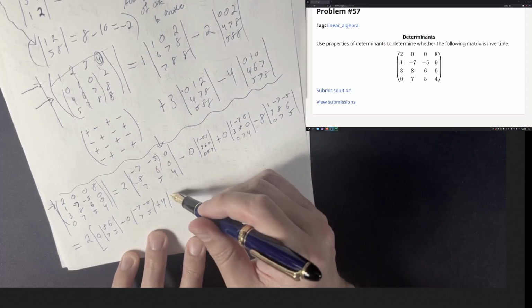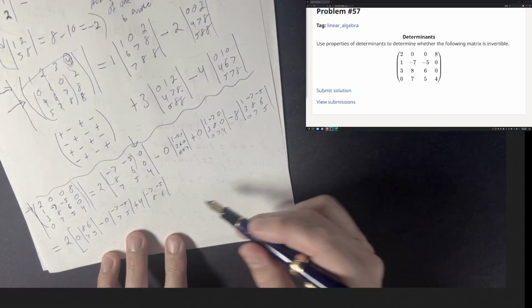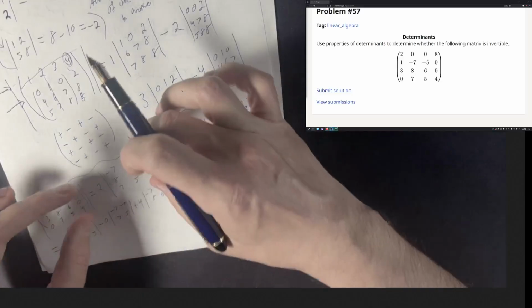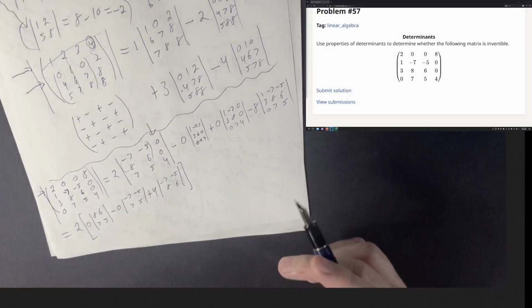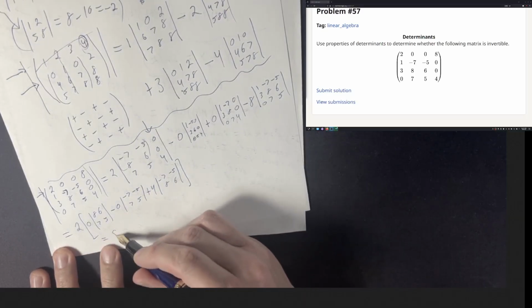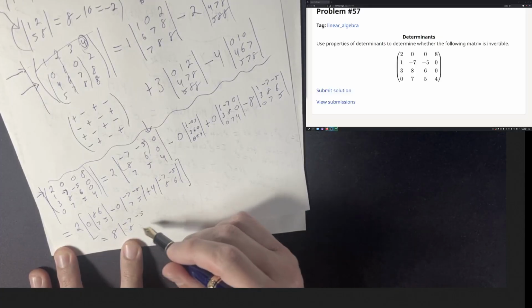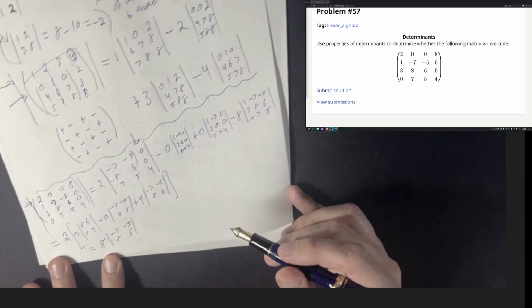So negative 7, negative 5, 8, 6. That's all for the first chunk, which was not as bad as I thought. It looks like we're getting 8 times the determinant of negative 7, negative 5, 8, 6. All right, and then we'll move on.